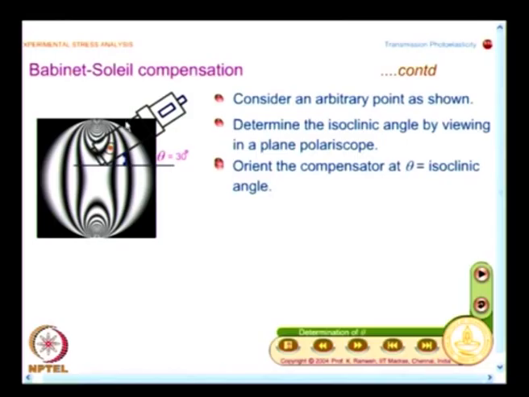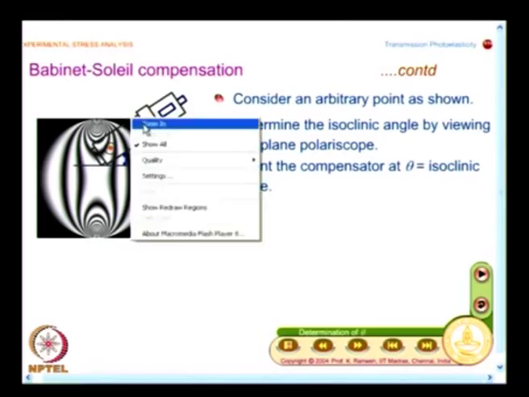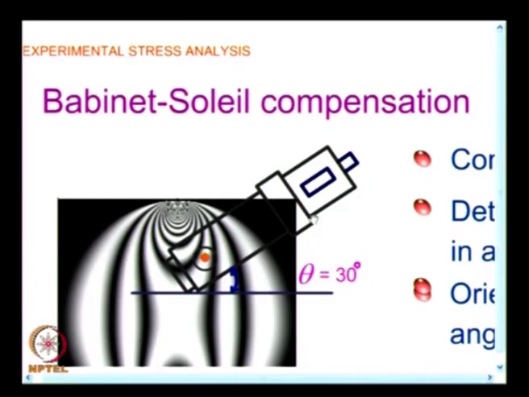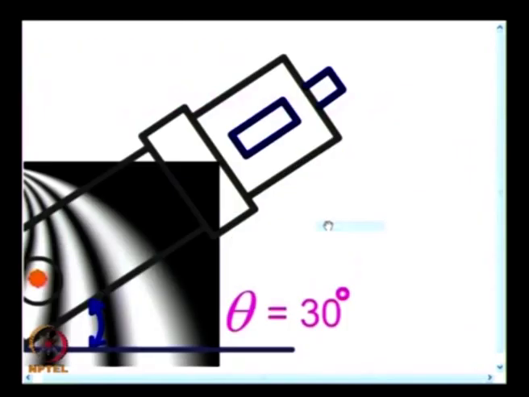So, that is what you see here. Look at this very carefully: I have oriented this compensator axis at theta equal to 30 degrees. This is where I use this, and I think you need to sketch this figure.